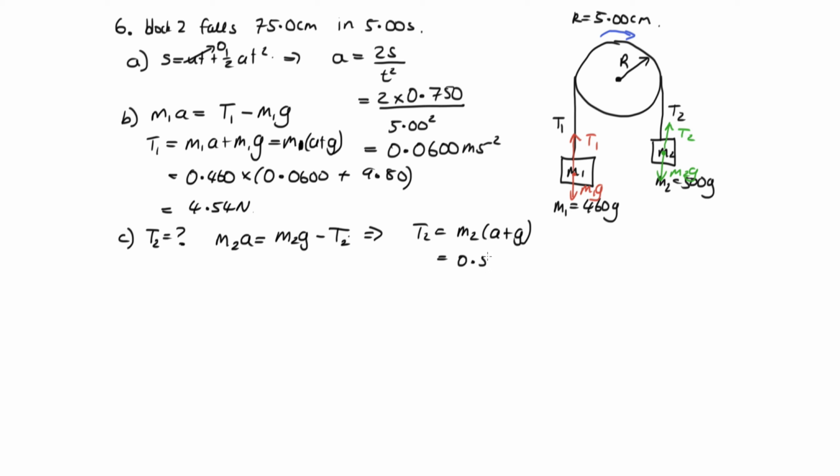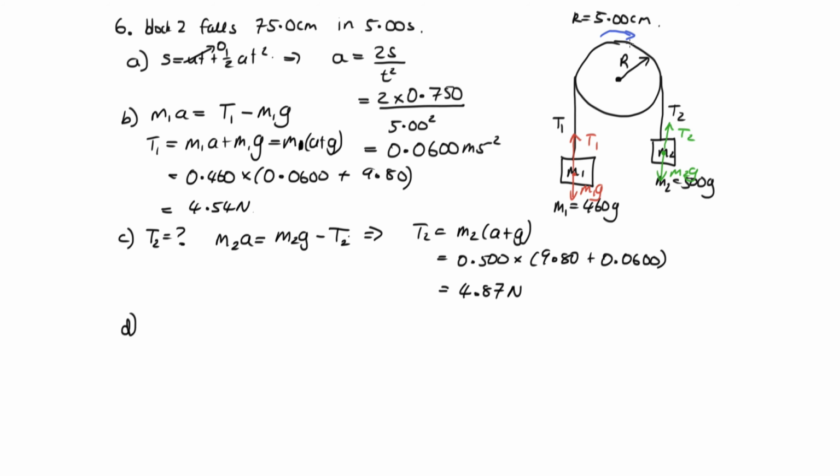So we've got 0.500 times 9.80, so that's the g, then minus the a, which is 0.0600. And solving that one on the calculator, we end up with 4.87 newtons. So these two tensions are slightly different.